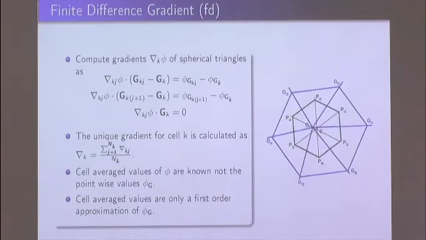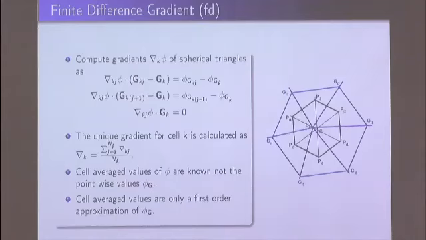So now, this is the first gradient, which I call the finite difference gradient. In this gradient, to compute a gradient for the hexagonal cell, we compute 6 or 5 gradients, depending upon whether the control volume is a pentagon or a hexagon.